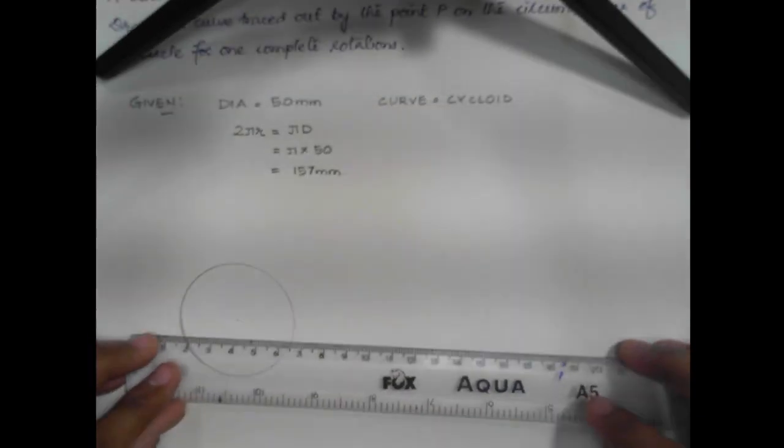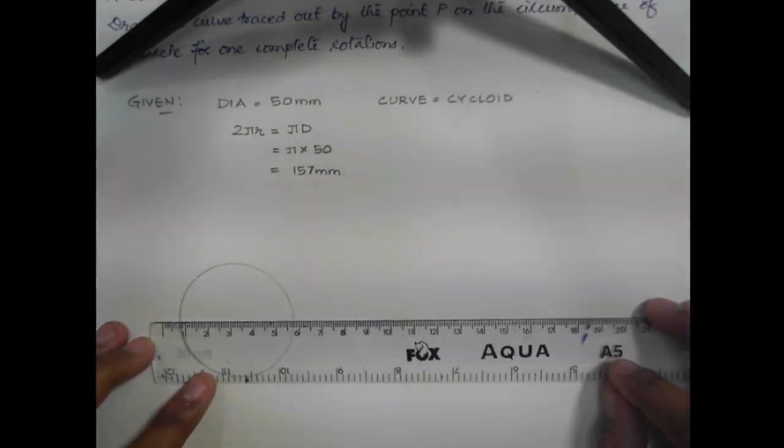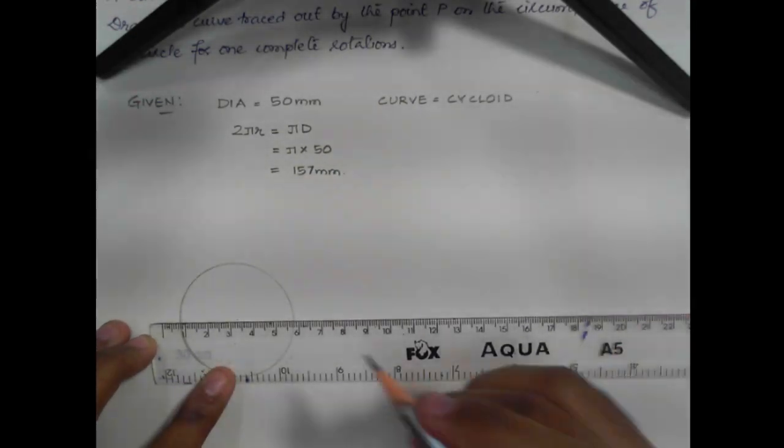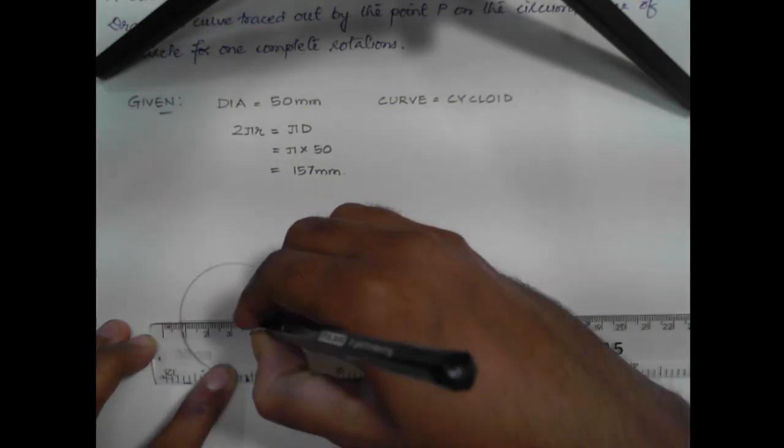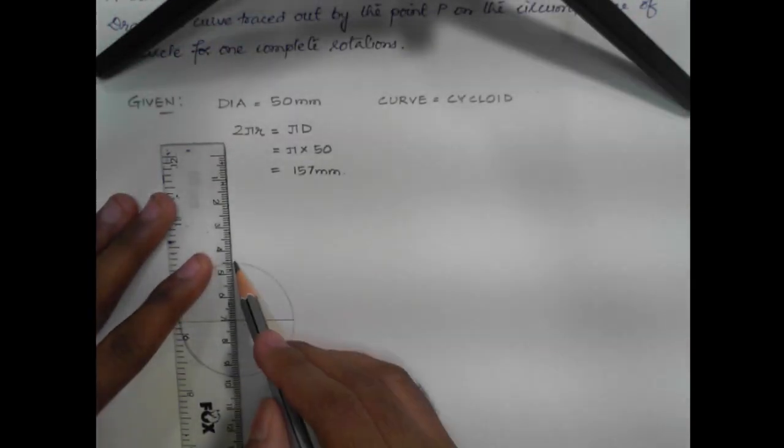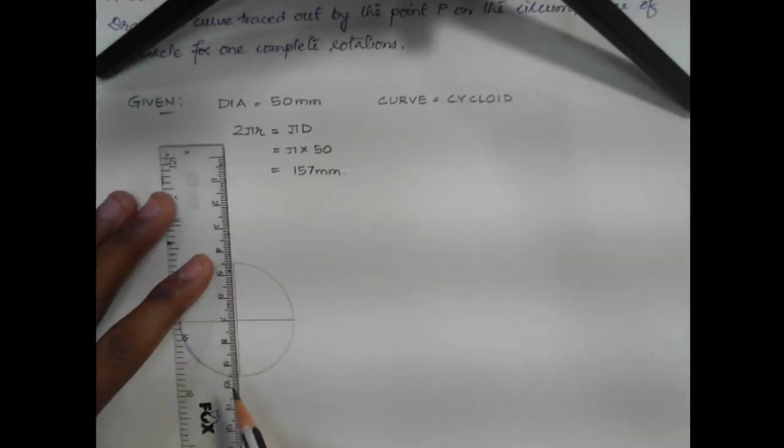Then let us define the diameter of that circle. Say for example, my point P lies here.